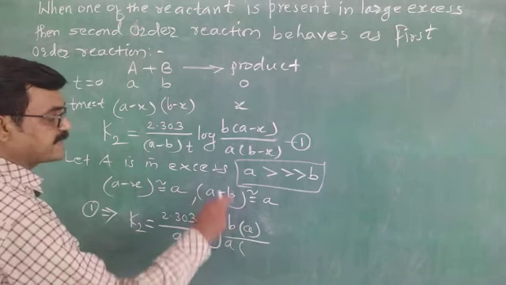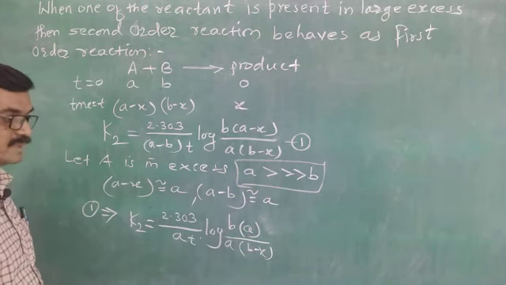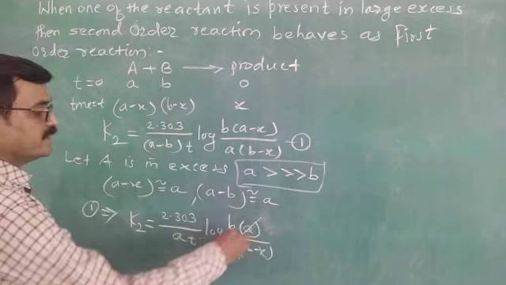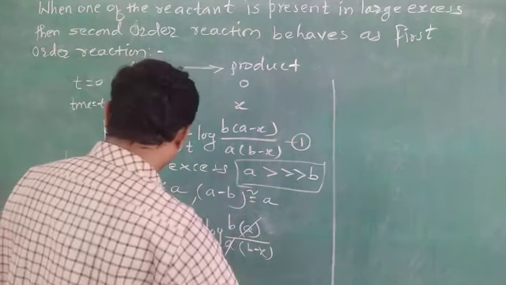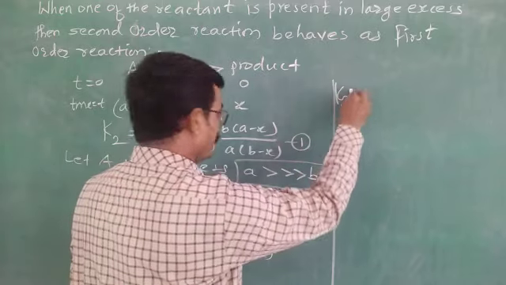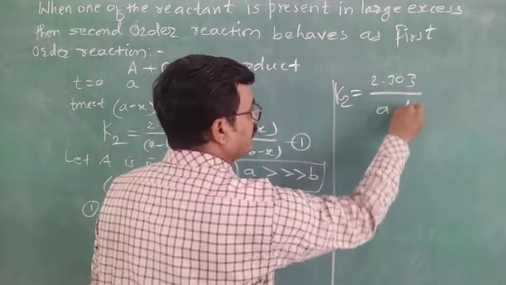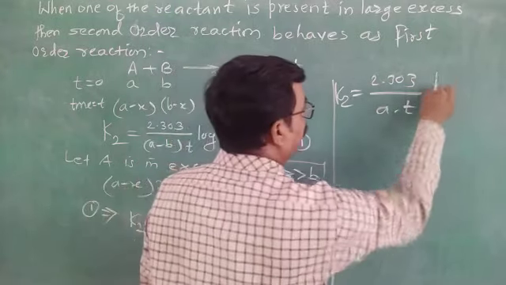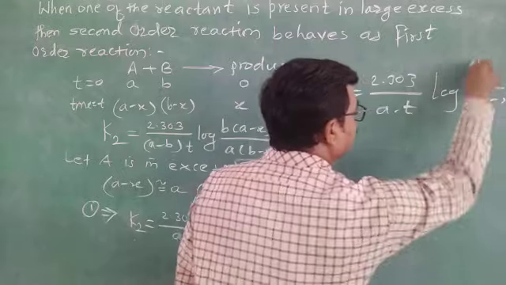What is the value of b minus x? It remains as it is, b minus x. Now here this a gets cancelled. Further solving this equation, K2 is equal to 2.303 upon a into t, log to the base 10 b upon b minus x.